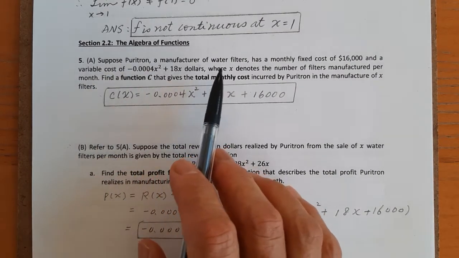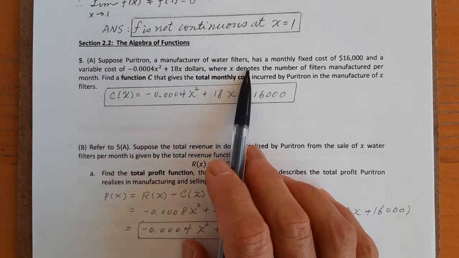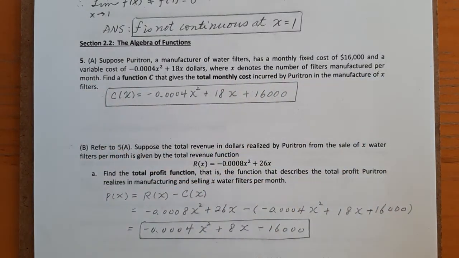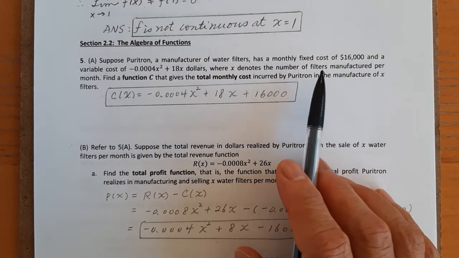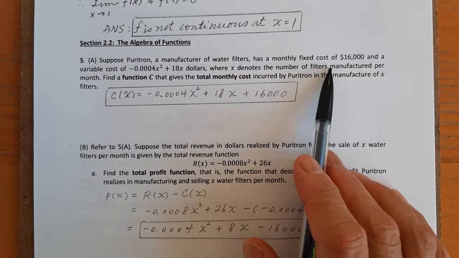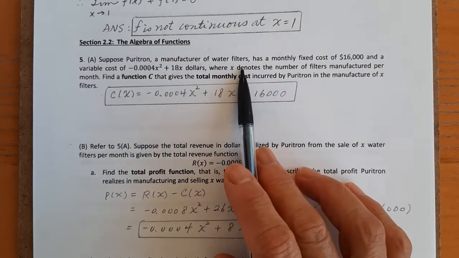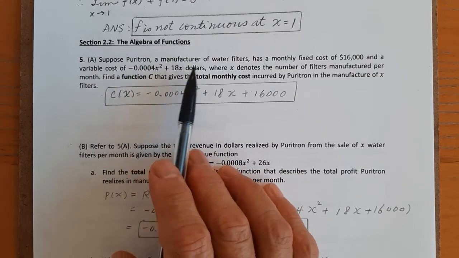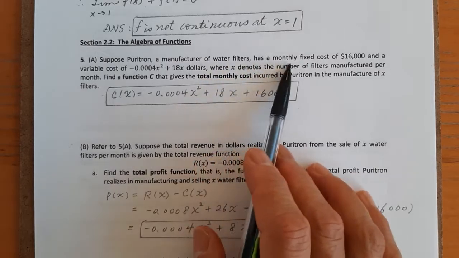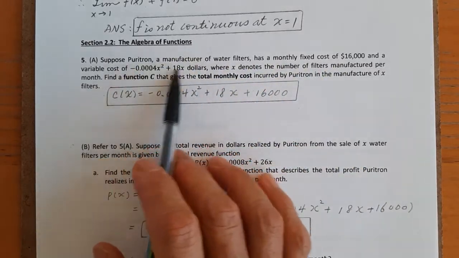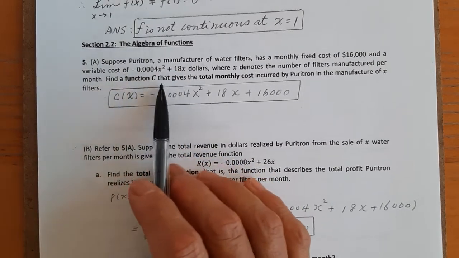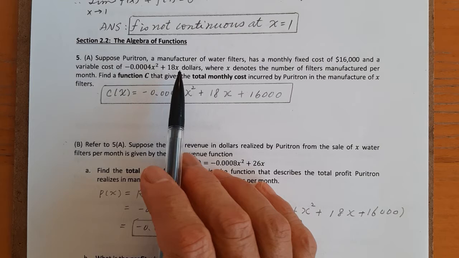X denotes the number of filters manufactured per month. The variable cost each month to produce X filters is so much. So write down the cost function C of X.